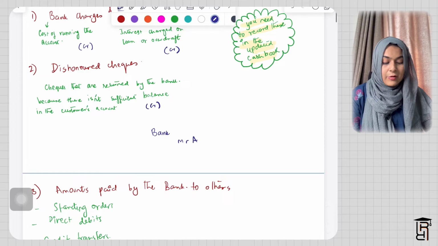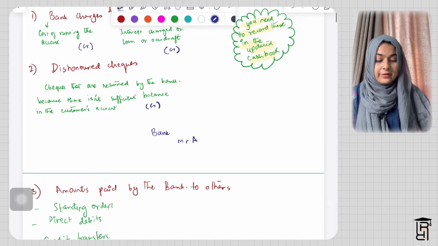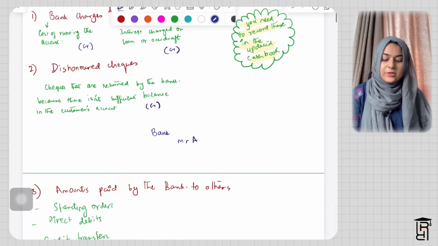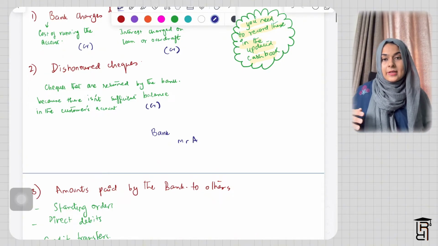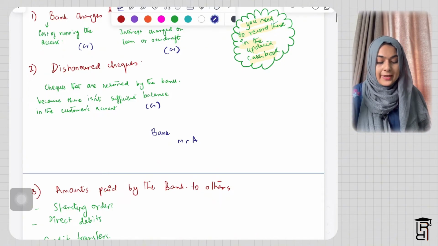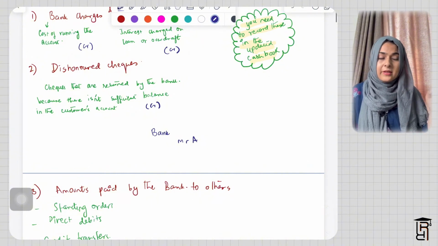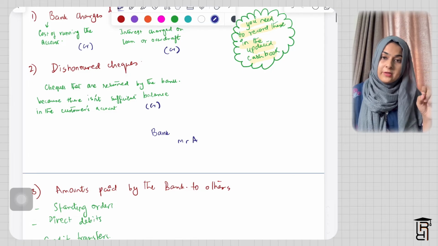Then we have amounts paid by the bank to others. There are three types of banking transactions that the business can undertake. One is a standing order, where I instruct my bank, let's say, to pay my rent on the 15th of every month.